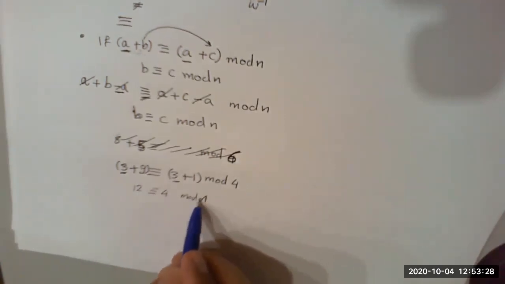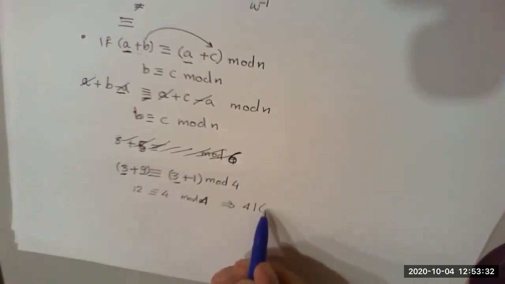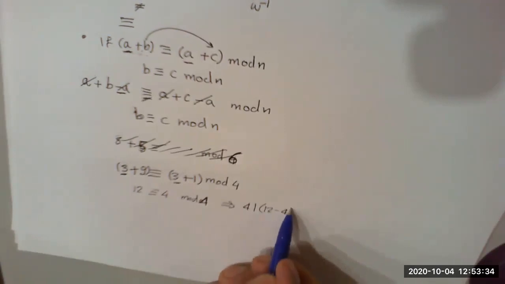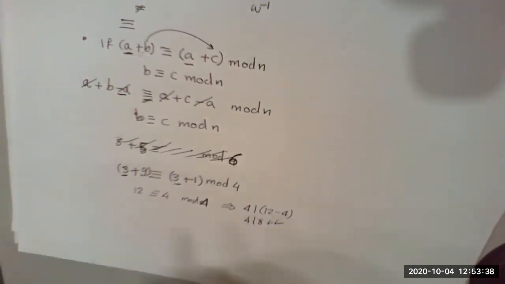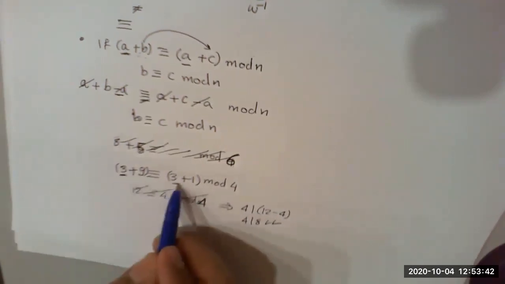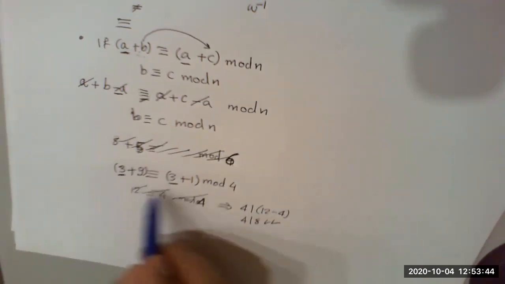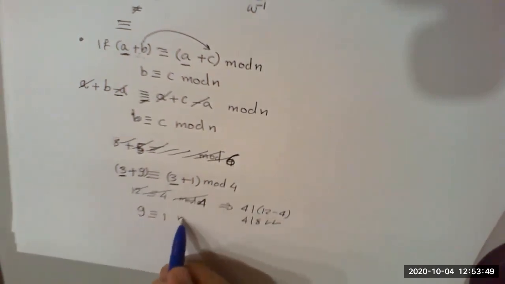Because 4 divides 12 minus 4, which is 8, and this is correct. Now I can get rid of 3 from both sides to get 9 is congruent with 1 mod 4.